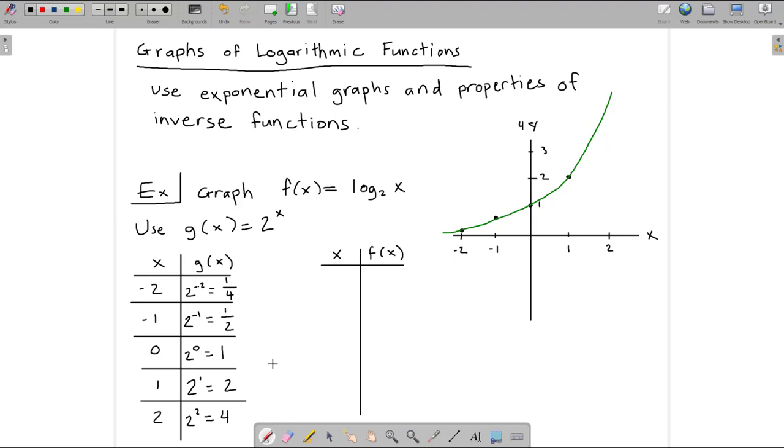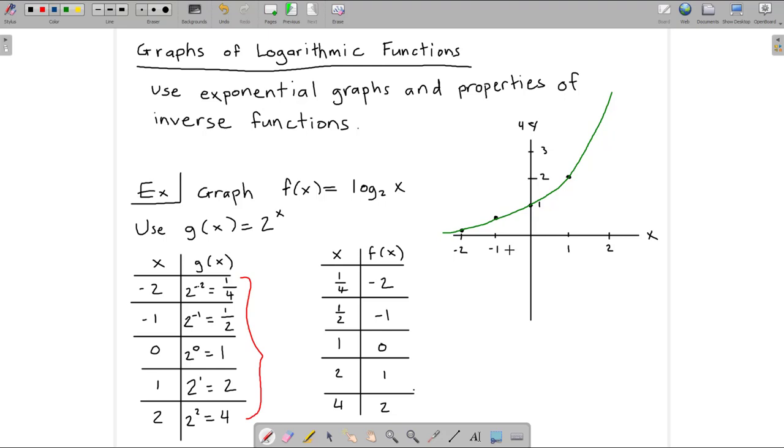First, our g of x values become my x values here: 1/4, 1/2, 1, 2, and 4. Then you fill in their corresponding x values, which are now my f of x values: negative 2, negative 1, 0, 1, and 2.